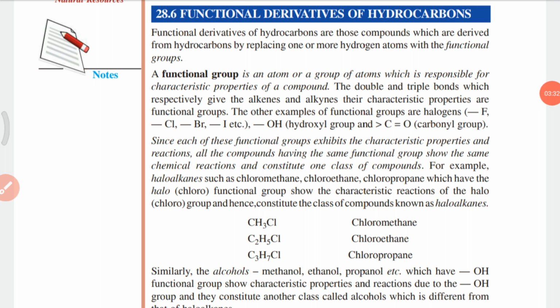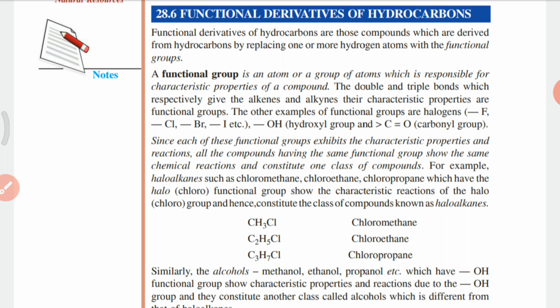Each of these functional groups exhibits characteristic properties and reactions. All the compounds having the same functional group show the same chemical reactions and constitute a class of compounds.